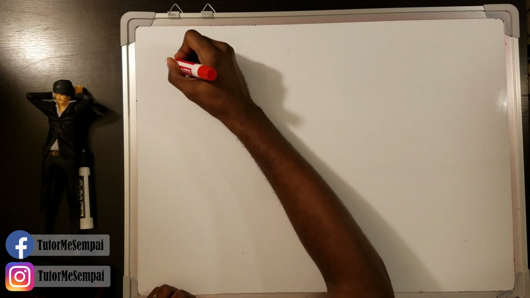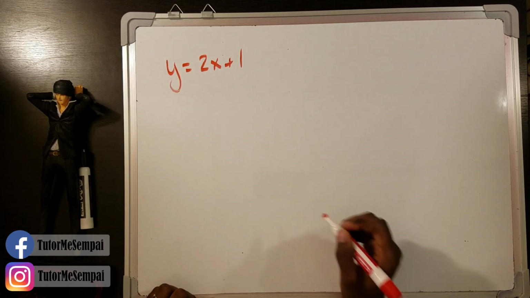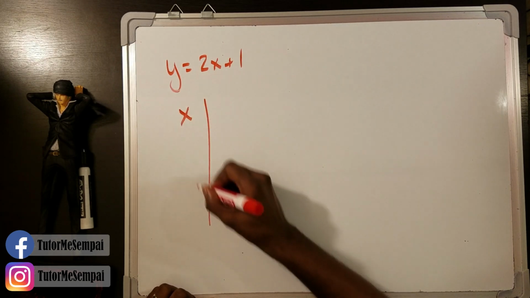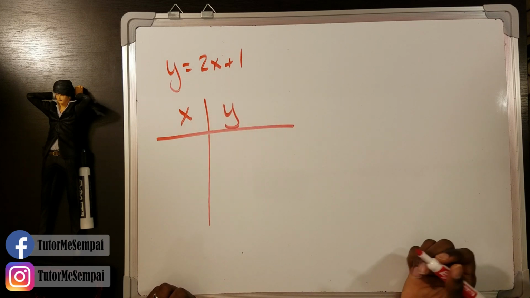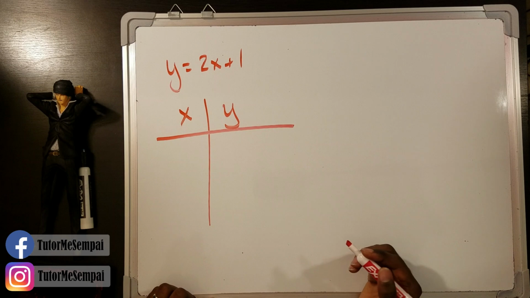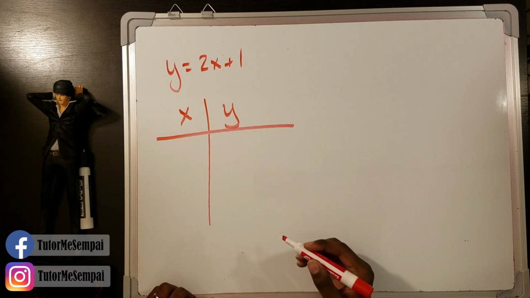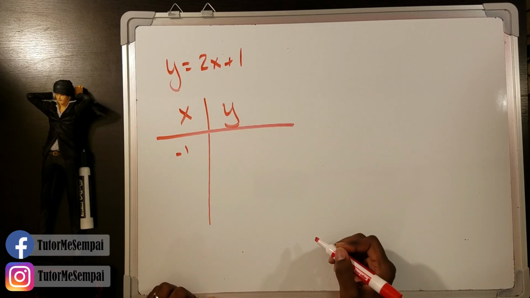So let's say we start with the same function, y equals 2x plus 1. Our value method is going to say, all right, let's figure out what our x's and our y's are at different points, right? We're going to be plugging this in and solving it. So when x is, let's say, -1, what do you get?